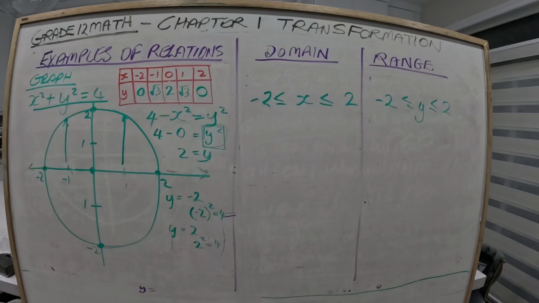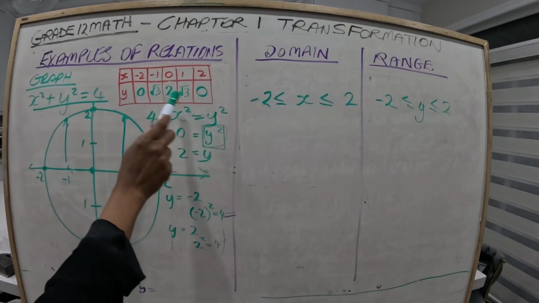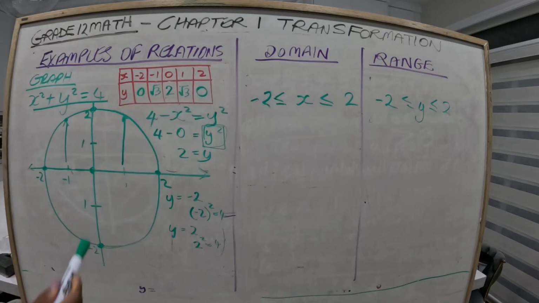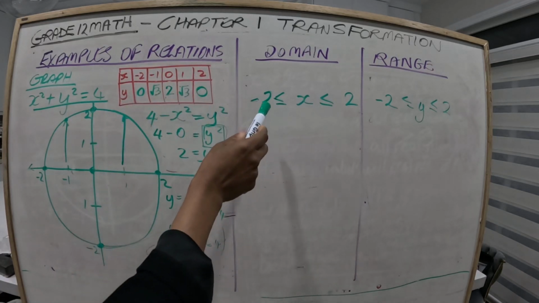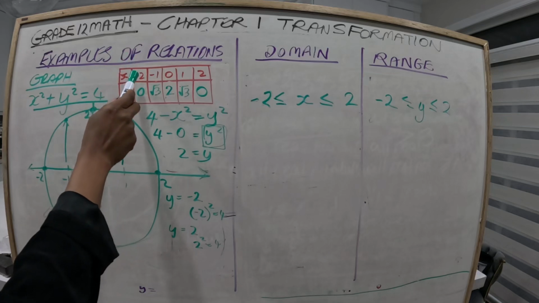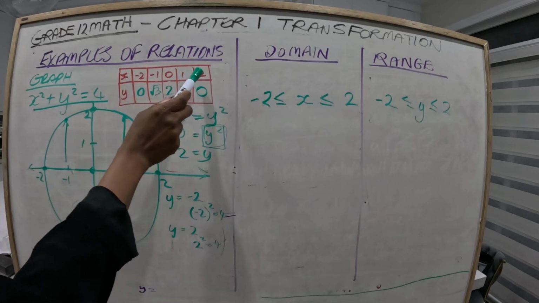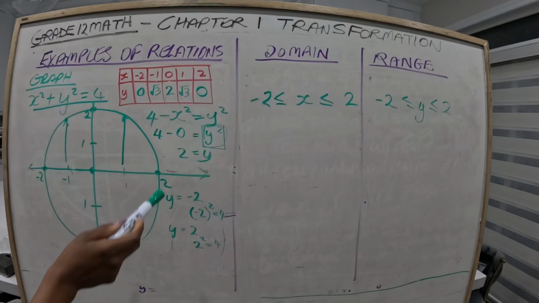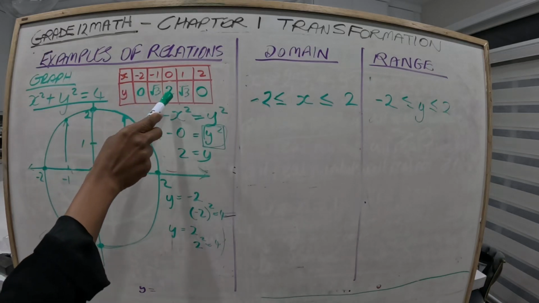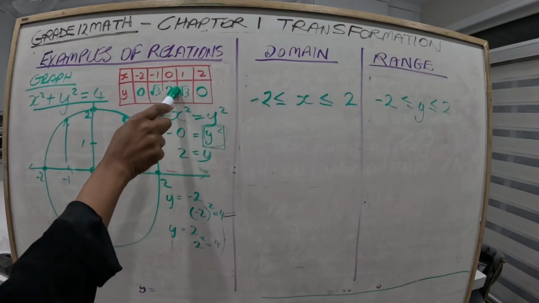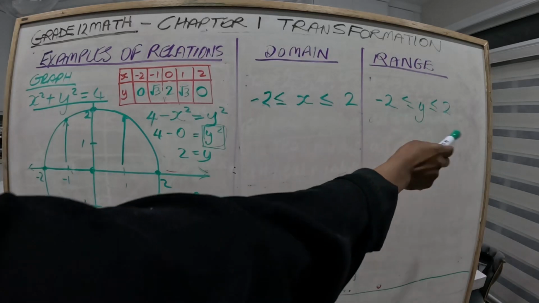Because as you can see, it's a complete circle. So for every value of x, as you can see here, x can never be outside of -2, right? And y can never be outside of 2. So it's the same thing.